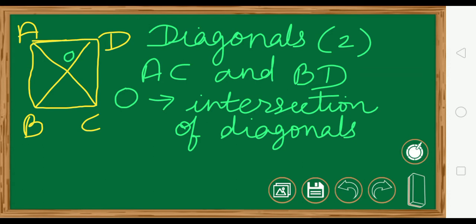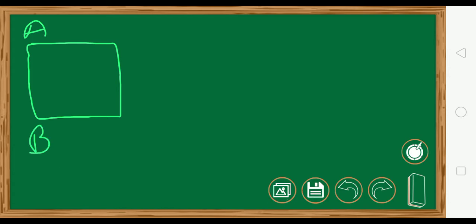Now, going ahead, we will study something more. A, B, C and D. Now, we have studied there are four sides. Now let us see what we mean by adjacent sides.